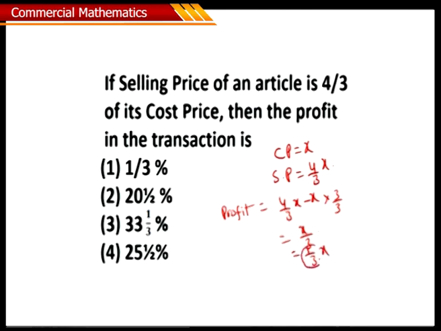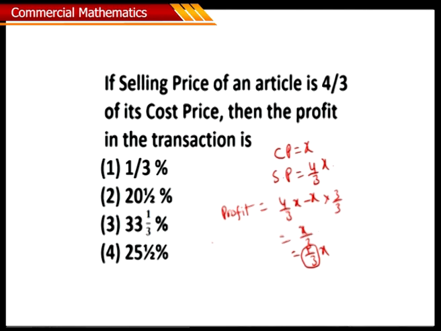1/3 means it is 33.33, or here of course it is not converted, it is 33 1/3% directly. You can see that. So how are you going to calculate this now? Just observe here, profit is 1/3 of X. 1/3 of X means it is 33 1/3%.